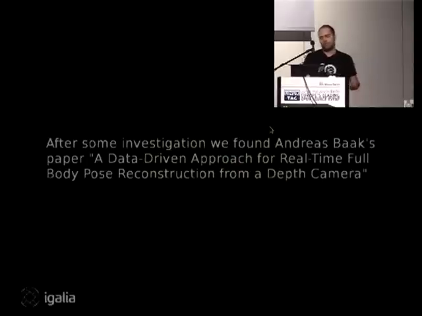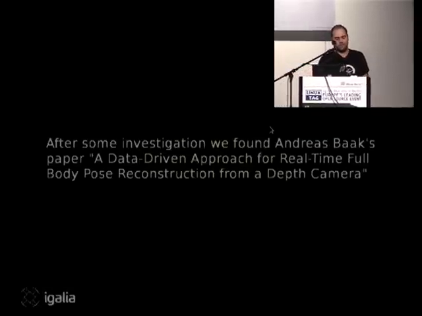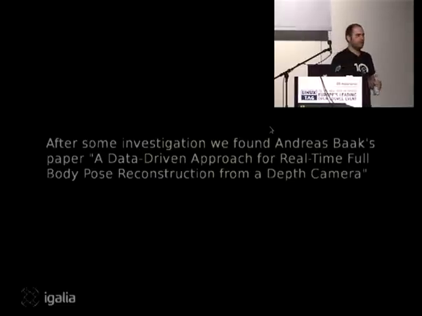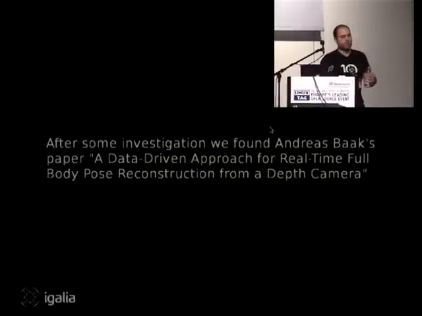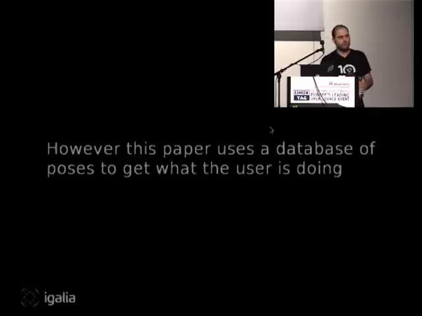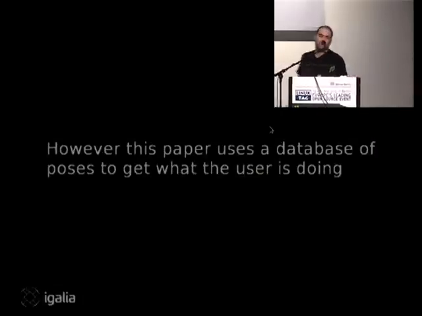So I was researching about it, and I found this paper by a German researcher called Andreas Bach. And it's got this very descriptive name. So we based our work on it, not completely of course, because this paper uses a database of poses.